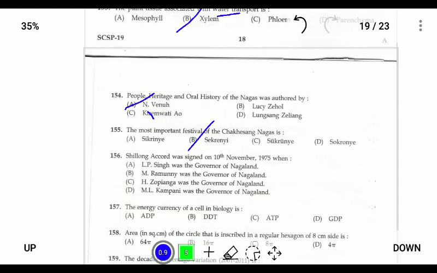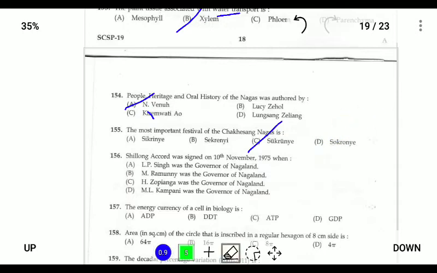It's not Sekrenyi, actually Sukrenyi, sorry. The Chakhesang and the Angami celebrate both the Sukrenyi and Sekrenyi. For Angami it will be Se, and for Chakhesang it will be Su, Sukrenyi.